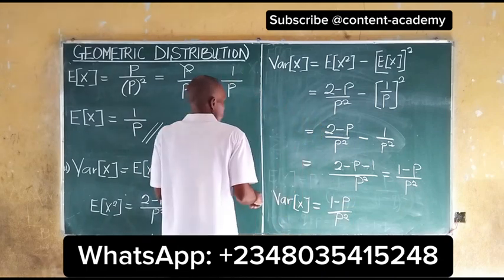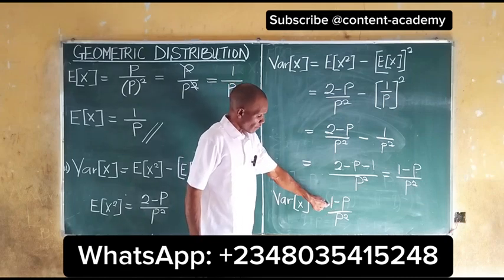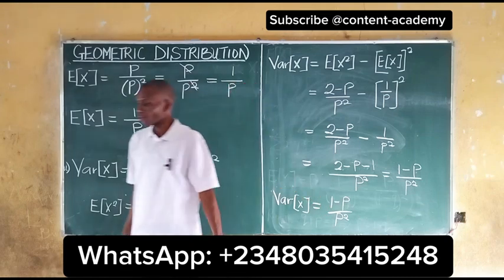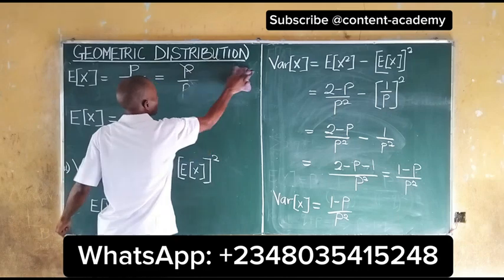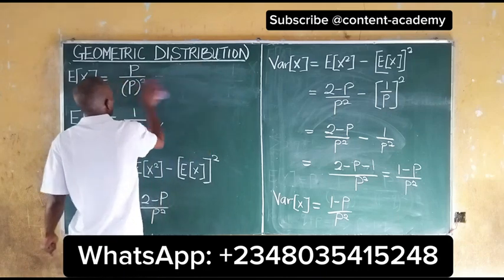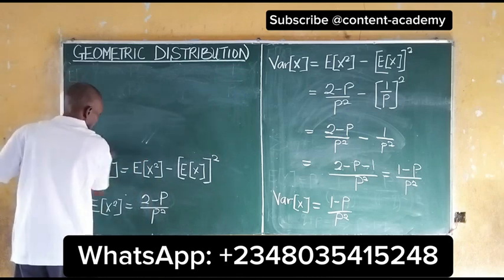Now, we are not done. From probability, we have that 1 minus p is equal to q, because the probability of success plus the probability of failure is equal to 1.